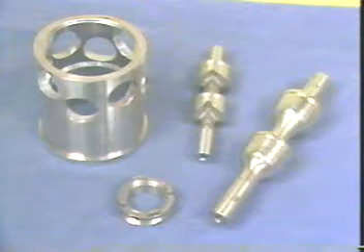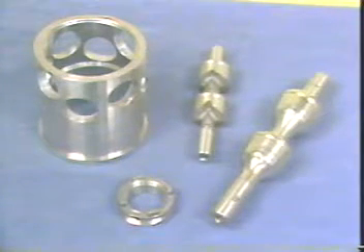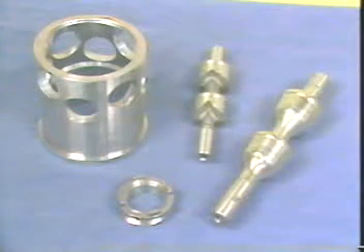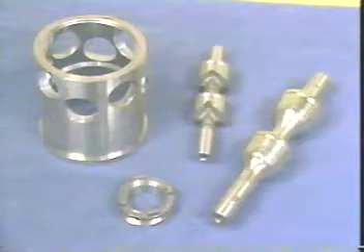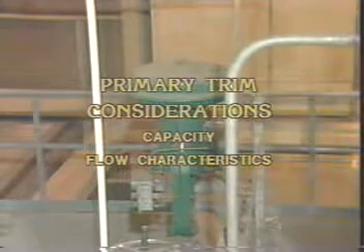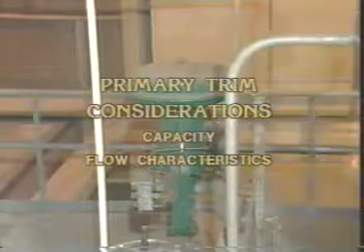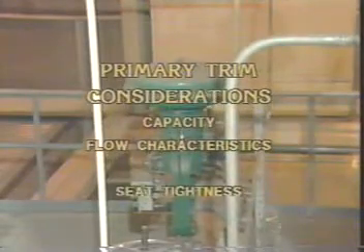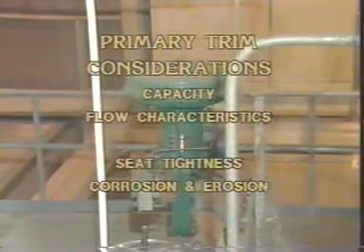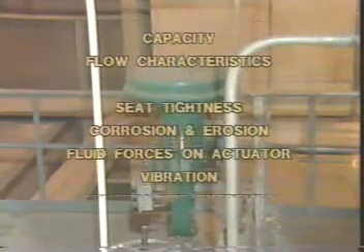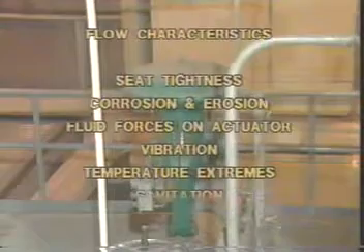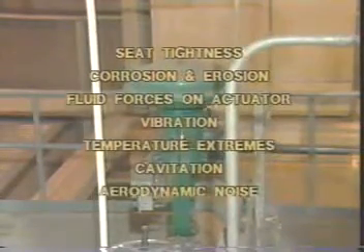Why is such a variety necessary? Because for each application, there are considerations other than flow characteristics, and different trim designs address different concerns to varying degrees. Some of the additional considerations that affect trim design and materials include the need for seat tightness, the need for resistance to corrosion and erosion, the need to minimize fluid forces on the actuator, the need for vibration resistance and valve stability, and the list goes on.